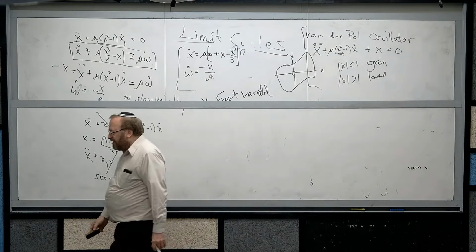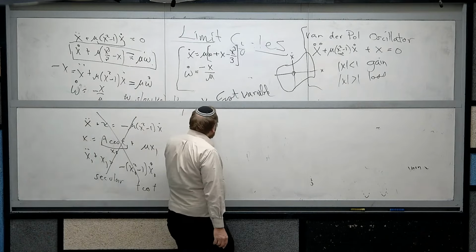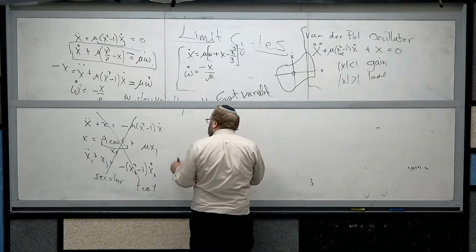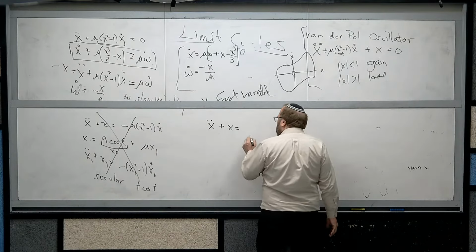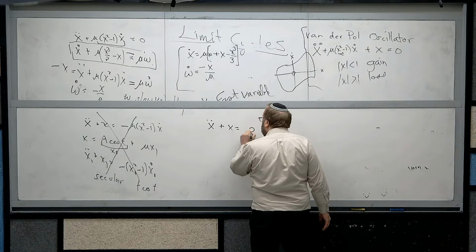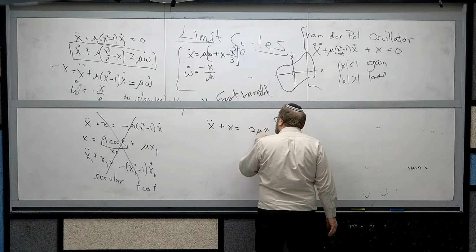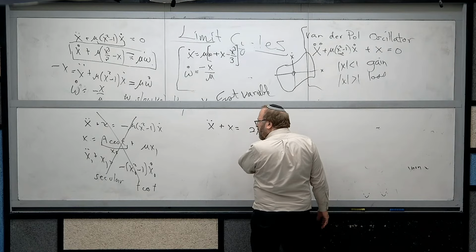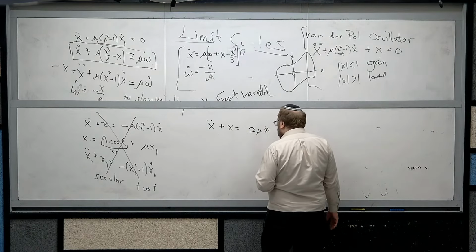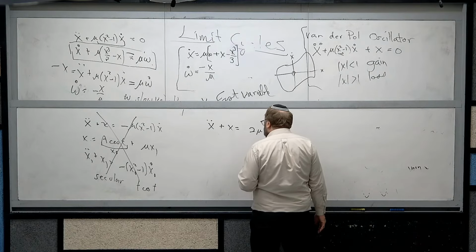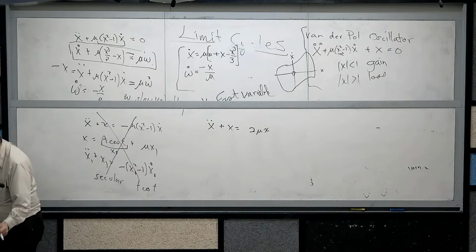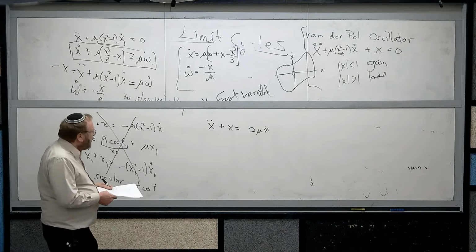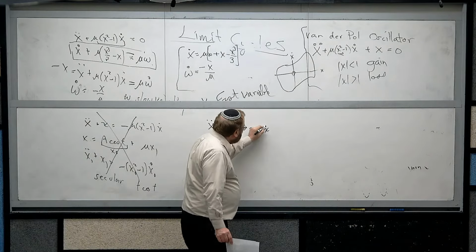Let's talk about the following trivial problem. x double prime plus x equals, instead of something messy and complicated, we're going to do something nice and linear, equals minus 2 mu x dot. Signs are always a problem.